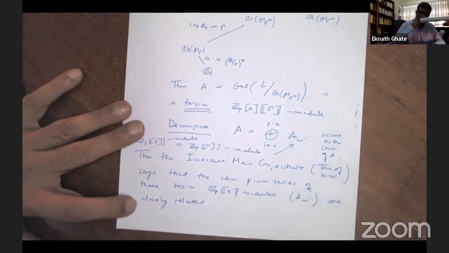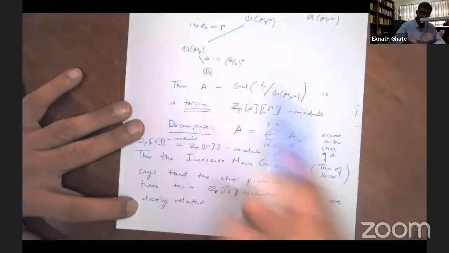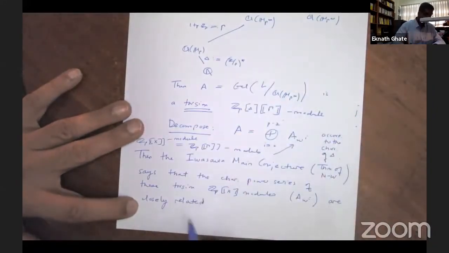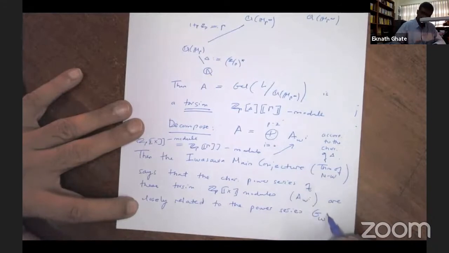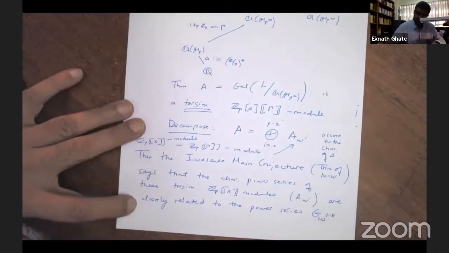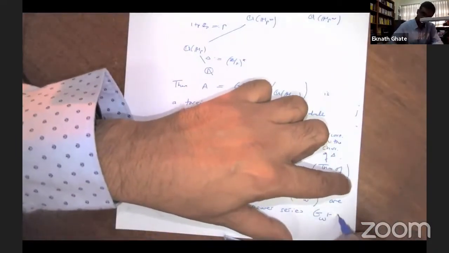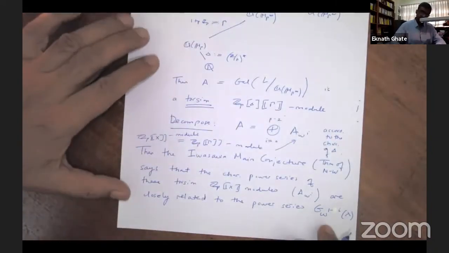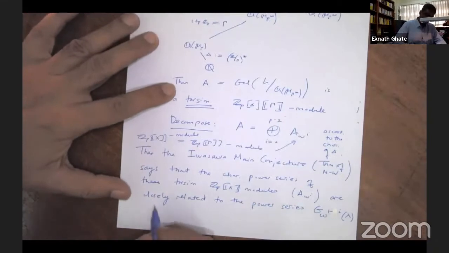At least the ideals they generate should be the same, but even then there's this S and 1 minus S thing, which is worrying me a bit. It's closely related to the power series G_omega^(1-i).